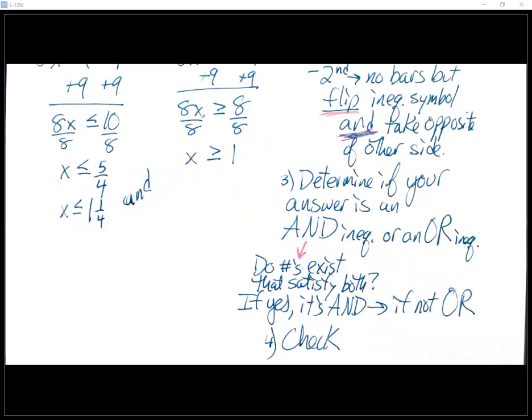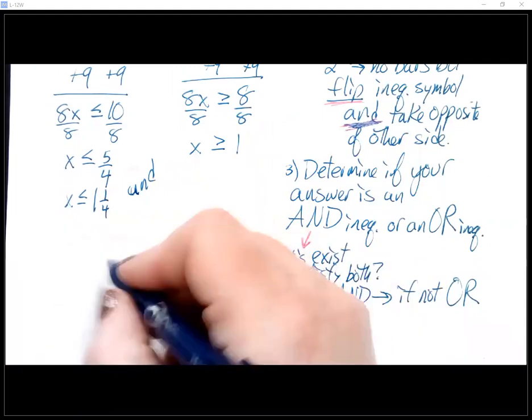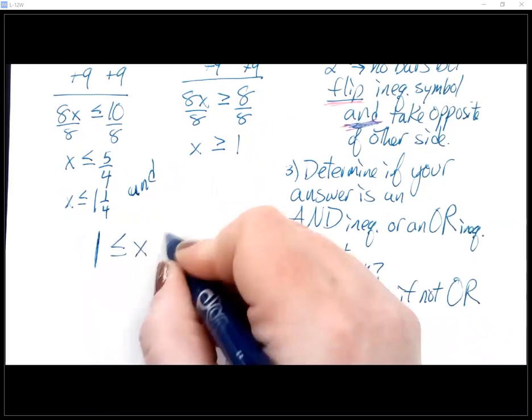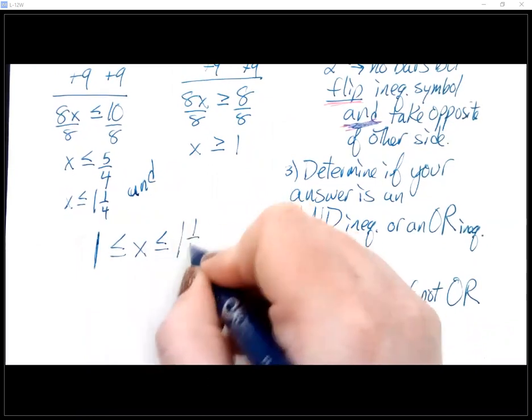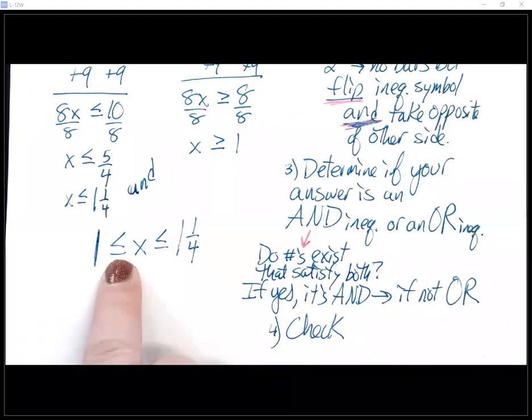All you have to do to write the ones where it's combined, you take the smaller of the two numbers, which in this case is 1, and then your symbols just always go like this, and then the bigger number. That's how you write this and inequality as an answer. Smaller number, bigger number, and then those arrows always go that way.